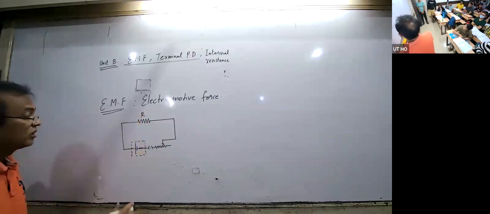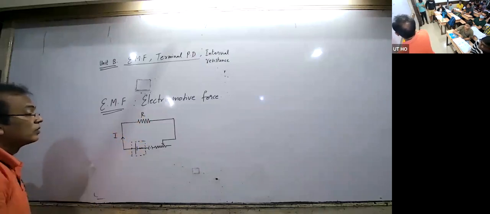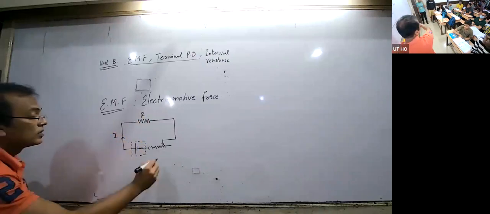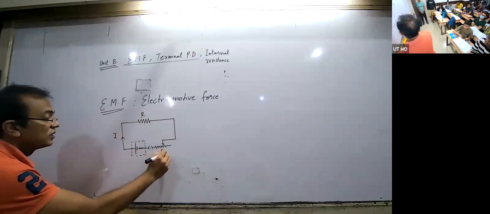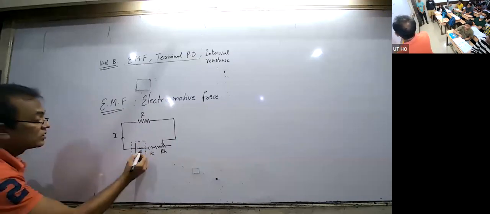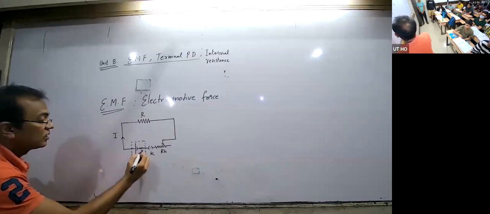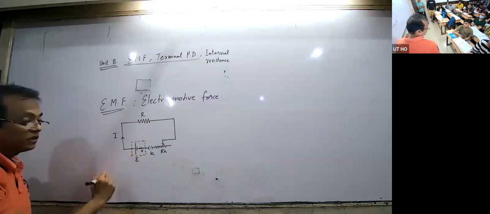All of you are familiar with it. And this is the rheostat. This is the current regulating mechanism or current controlling mechanism. Like I explained in the last class, this is the key. Now, what is this small resistance? This is called internal resistance. And the cell has something called E, the EMF of the cell, right?